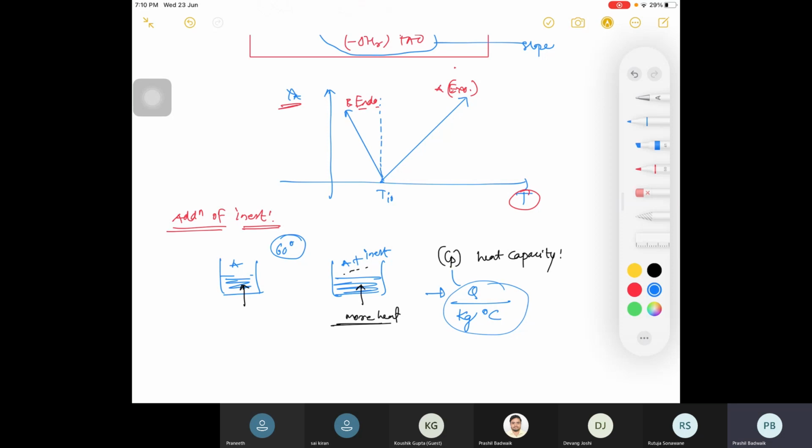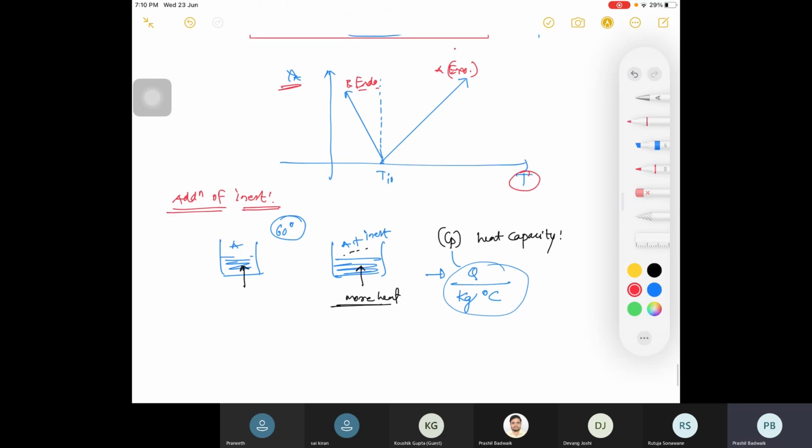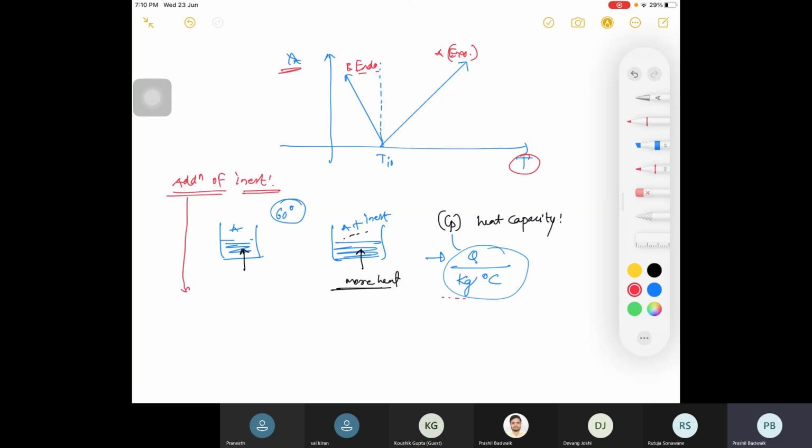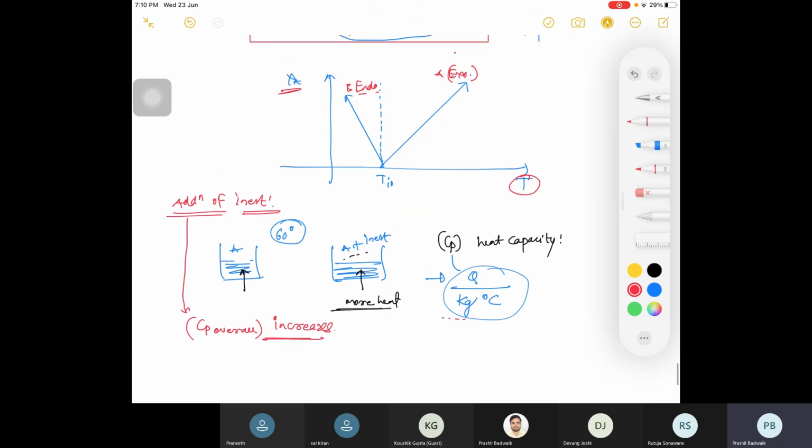That is your this. So मुझे बताओ अगर तुम्हारा kg बढ़ा देंगे your more heat will be required. So because of addition of inert, what happens? Your Cp overall increases, right? Increases.